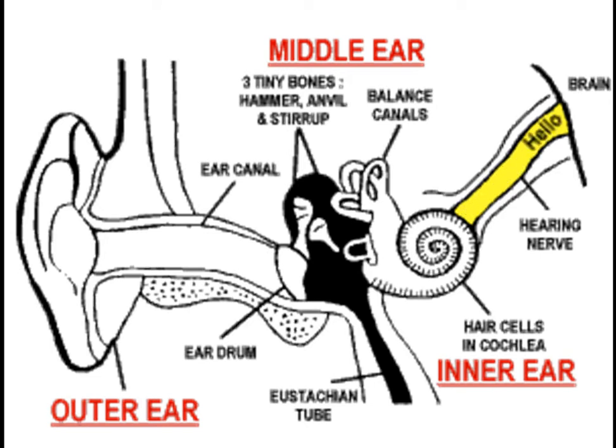So basically we have the external ear, middle ear and internal ear. From this huge area, the sound waves come to strike the tympanic membrane.